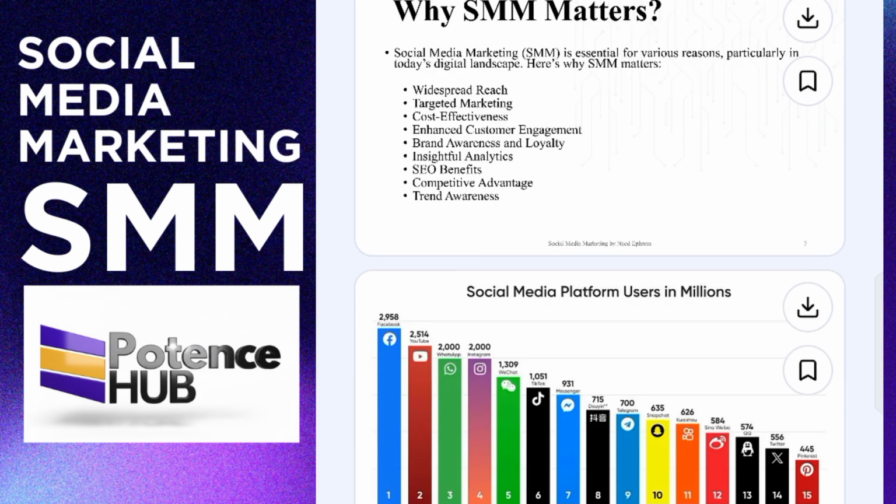Now another part of it is cost effectiveness. Yes, it is cost effectiveness. We also look at enhanced customer engagement, brand awareness, and loyalty. People tend to be loyal to your brand and even become your future marketers. Are we together now? We have insightful analytics. Yes, you can see what is going on right in one platform. SEO benefits. Yes, Google, which is part of the search engine, and other search engines tend to rank your social media accounts and make them visible to people.